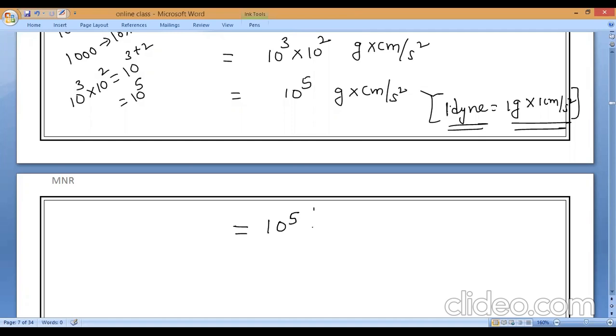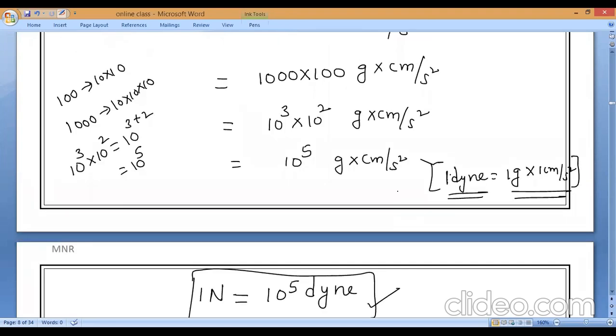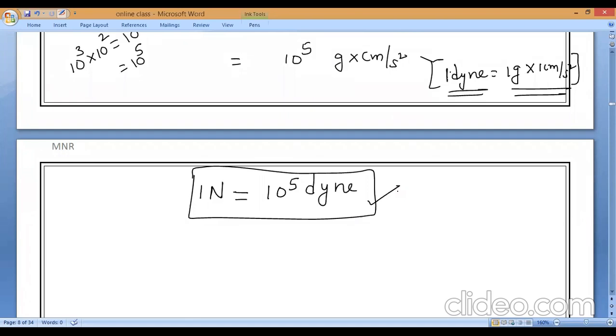So 10 power 5 dyne equals how many newtons? 1 Newton. So this is the relationship between 1 Newton and dyne. Most of them don't know how it came, but some will just learn that 1 Newton is equal to 10 power 5 dynes. But how it comes, you have to know. So 1 Newton is equal to 10 power 5 dynes.